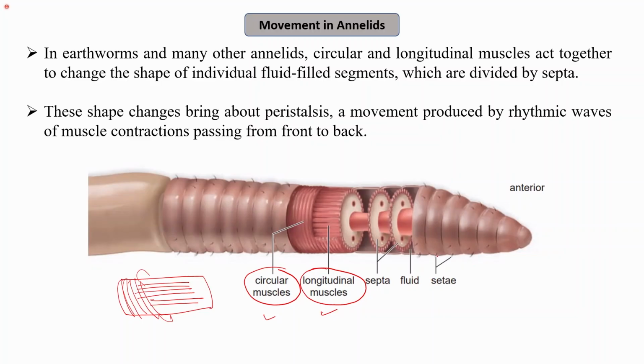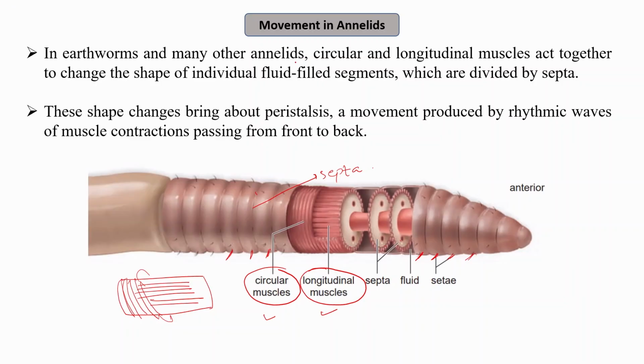These structures which I am highlighting now, as you can see, are setae. And these divisions are called septa. So this is one septum, this is another septum, this is the next septum, like that.